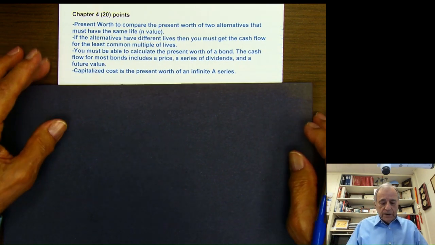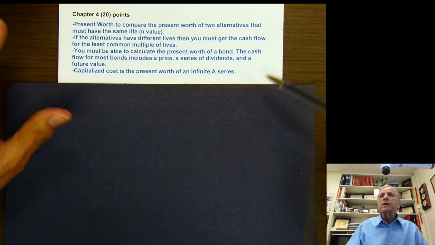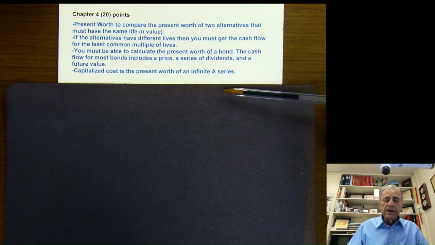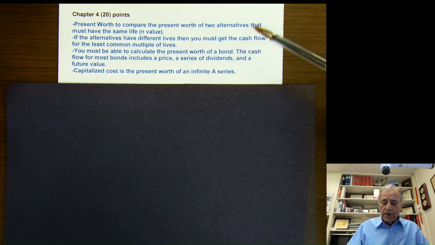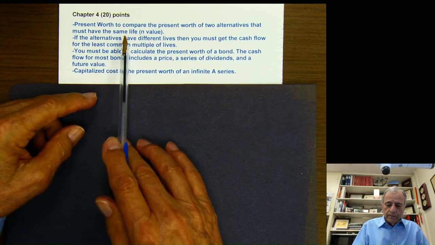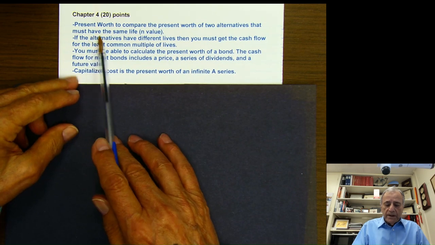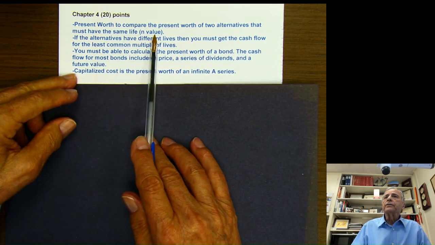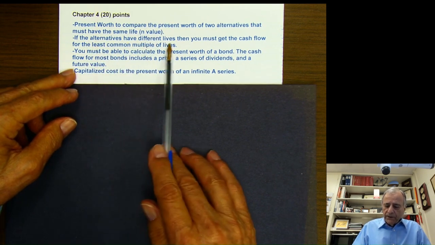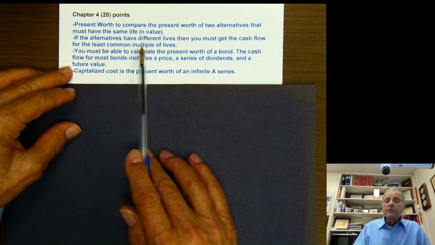The next chapter, chapter 4, will have a 20-point question, but I'm not going to work any questions from this chapter. I'm just going to go over some of the theory in the chapter that's critical to you. To get the present worth, when we're comparing 2 alternatives, they must have the same life. Now, if the alternatives have different lives, then we must get the cash flow for the least common multiple of life.